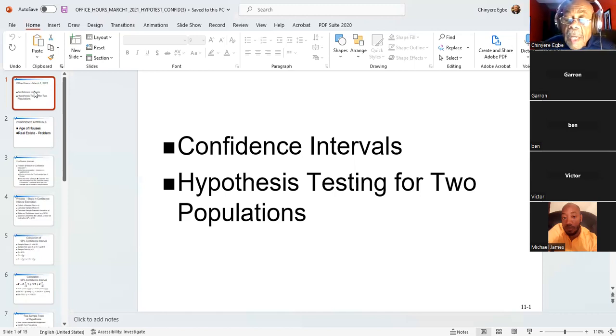You're simply trying to estimate the mean and come up with an upper level and a lower level. You say the true mean falls between these two ranges, and that's perfectly fine. That is one purpose. But the point is that you can stretch that purpose to hypothesis testing, which has its own methodology.